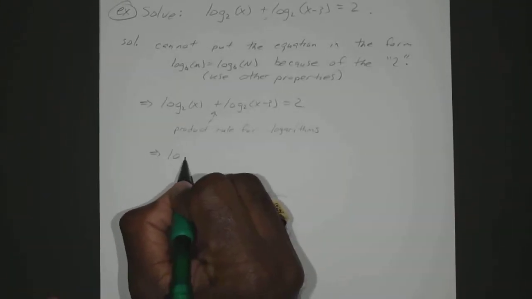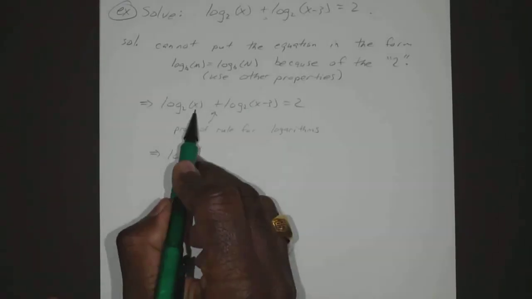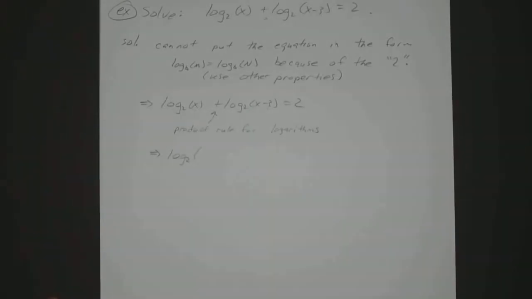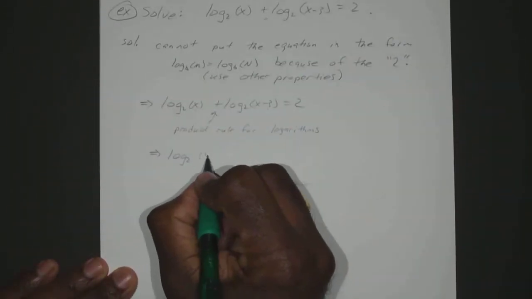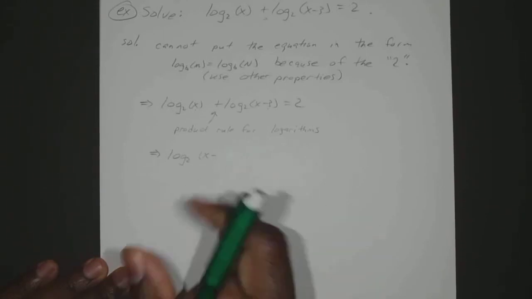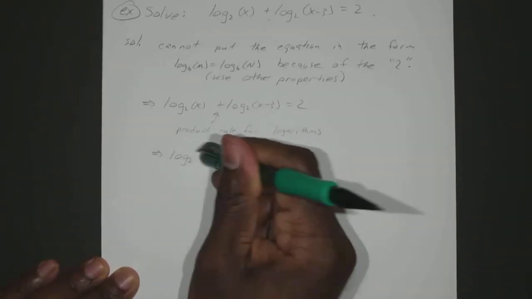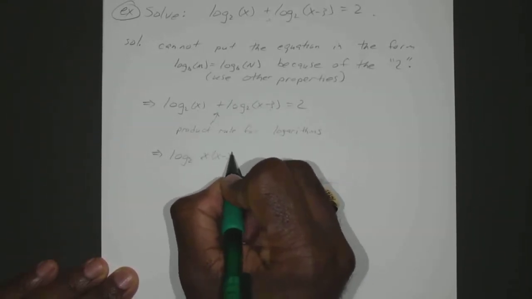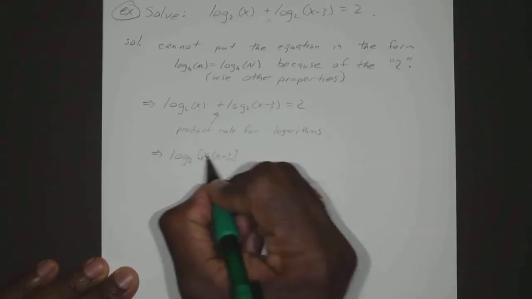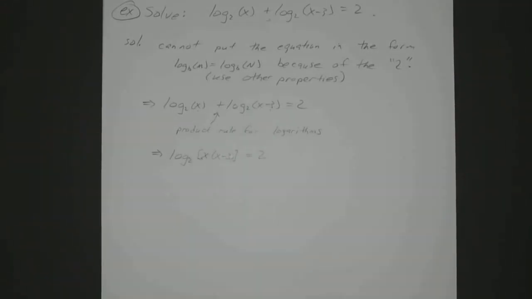That means you have log base 2 of x times x minus 3 equals 2.